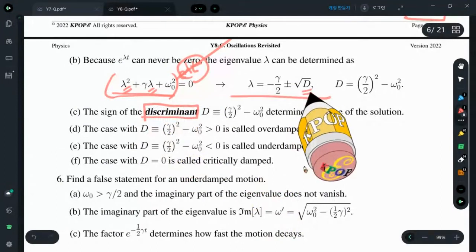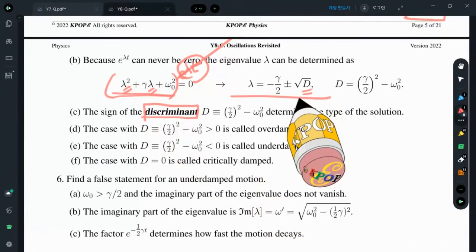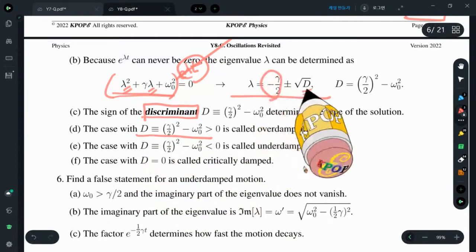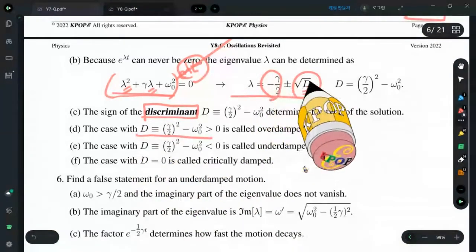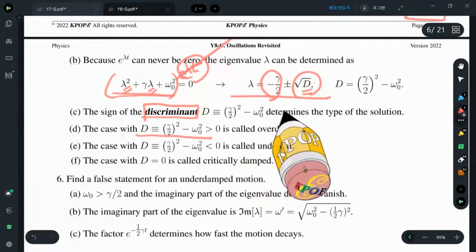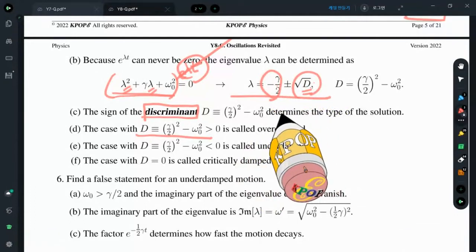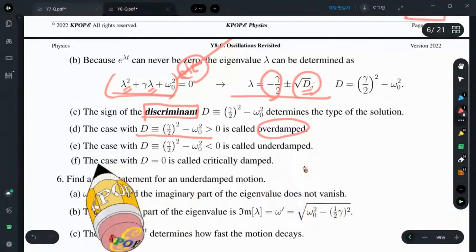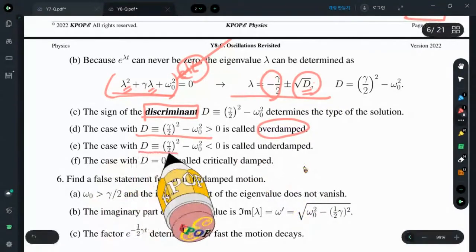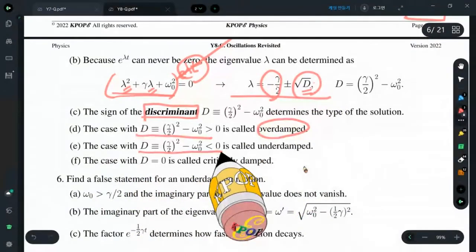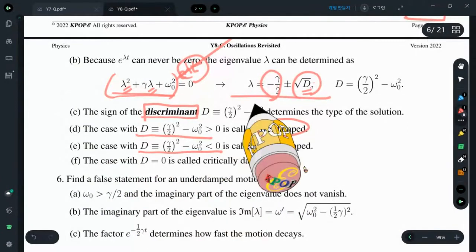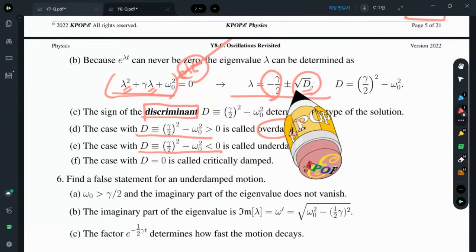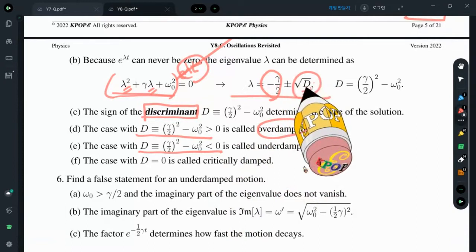If this one is positive, then we have the sum of two real numbers. So there is no oscillation. This one is called the over-damped case. The second case is a negative sign. If we have a negative sign inside the square root, your result has an imaginary part.